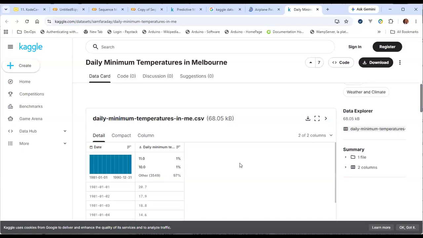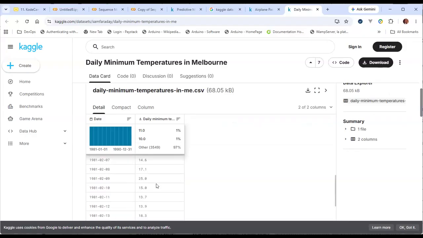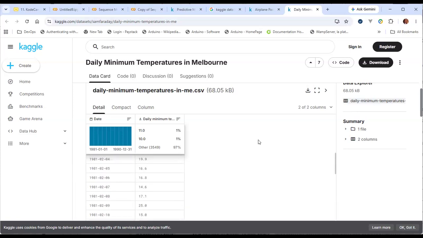Okay, so this is sequence data with the date time series and the daily minimum temperature. We can use this date and daily minimum. We can basically just use only the temperature because it's a sequence, and see if it can predict. So let's use this just for the purpose of the demo.